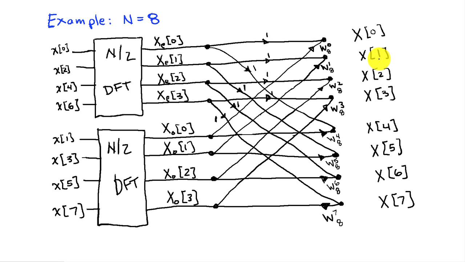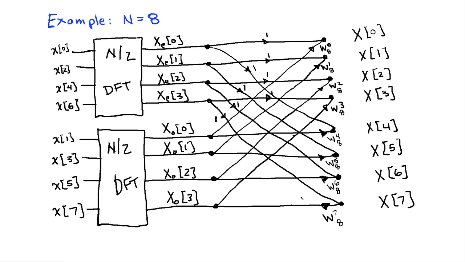And this is our equation for combining the even and odd DFT coefficients to get the overall DFT. And similarly then, down at the bottom here, we have 1 times Xe of 3 plus W8 raised to the 7th power times Xo of 3, and that gives us X of 7.